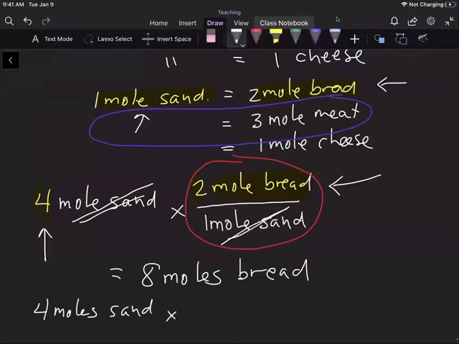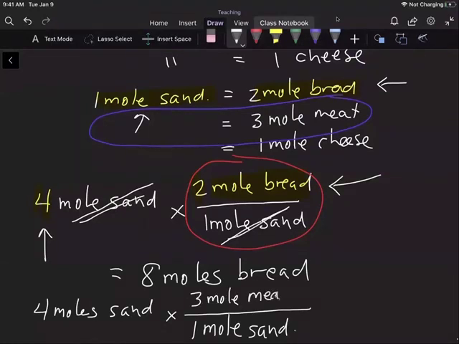I use a different ratio, same idea. 1 mole of sandwich to every 3 moles of meat. Now I cancel out moles sandwich and I multiply it and I get 12 moles of meat.